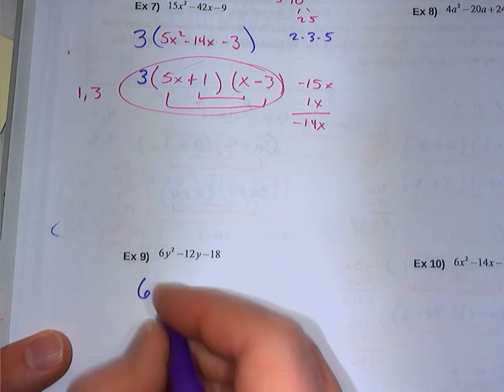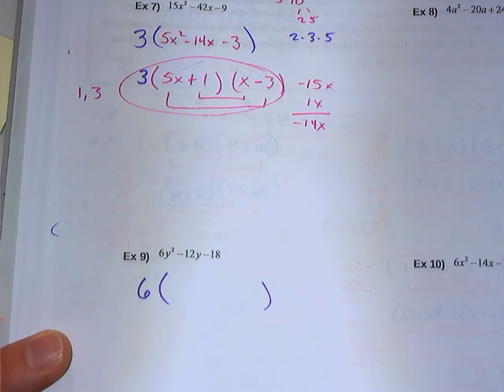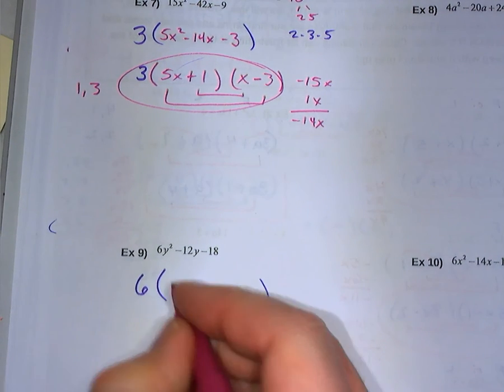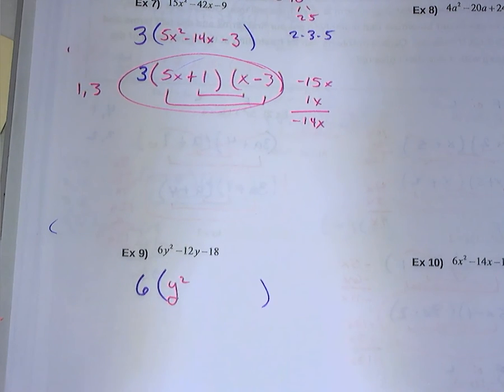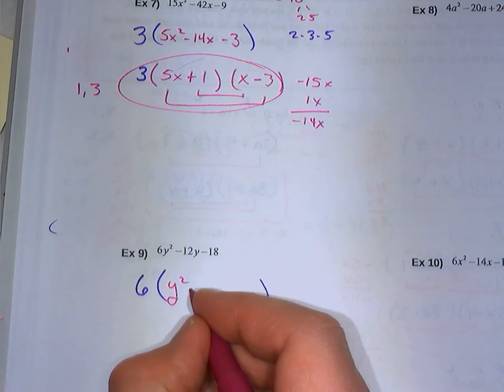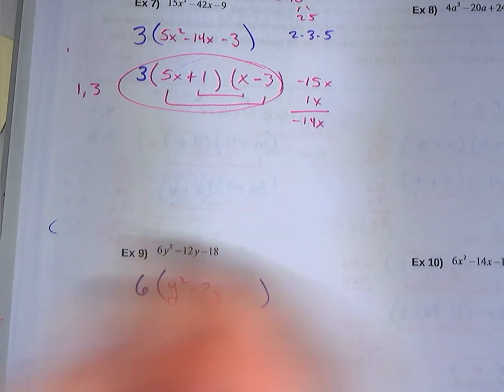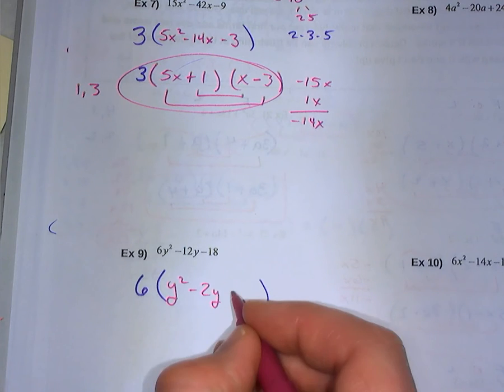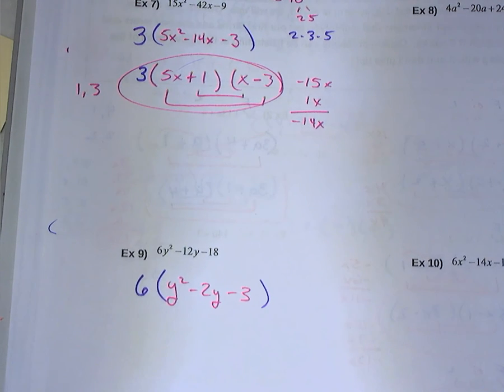These are all divisible by 6. Now, if I divide everything by 6, when you factor, that's like division. That leaves me with a y squared. What's negative 12y divided by 6? Negative 2y. What's negative 18 divided by 6? Negative 3. Very good.